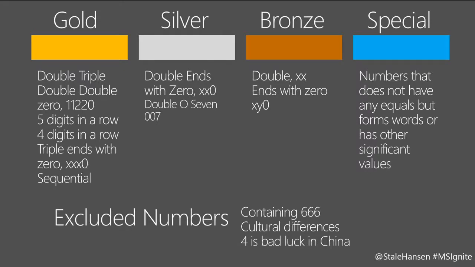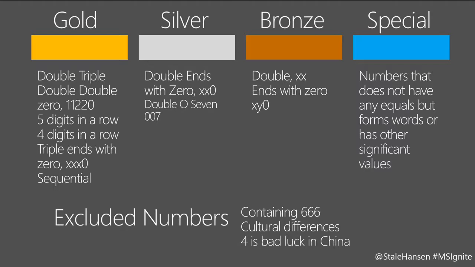And also in China, 4 is bad luck. And in some countries, 13 is bad luck. So you need to look at the different cultures, maybe sync up with some local knowledge regarding phone numbers in order to reserve specific numbers within those specific ranges.